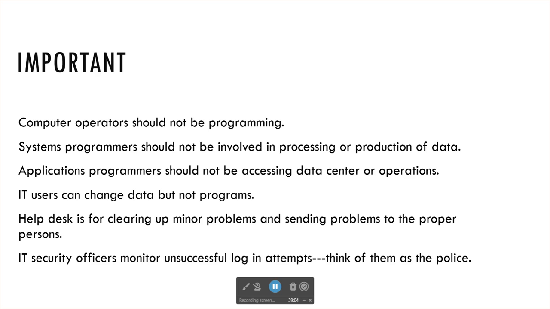System programmers should not be involved in processing or production of data. Application programmers should also not be doing anything with data or operation. If you're a user of data, you can change the data. You're putting things in there, but you're not changing the program. If you need a program change, you're going to request a program change, and the programmer is going to do the change. So you are not going to do your own changes.